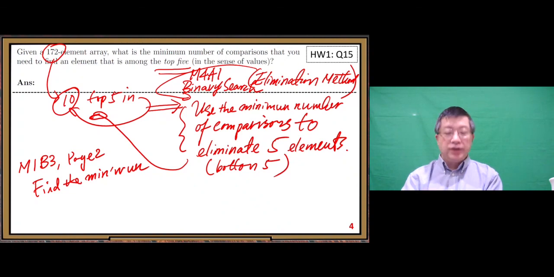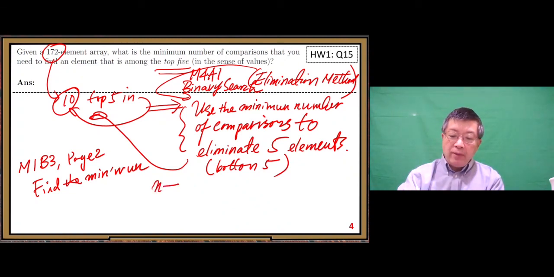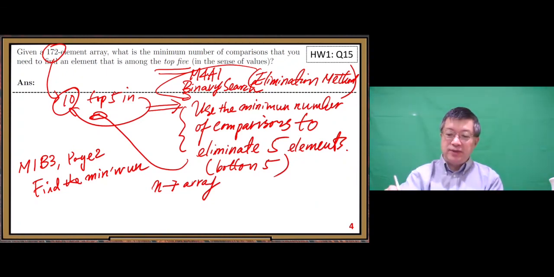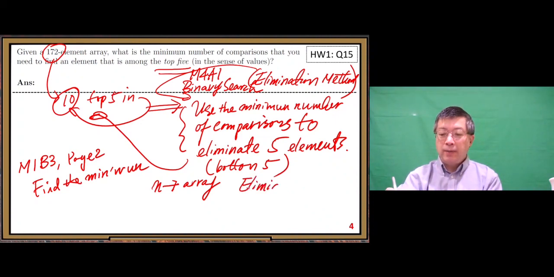Given an n-element array, we need to eliminate n minus 1 elements. So you look at it in this way: eliminate n minus 1 elements, and the remaining one is the minimum, right?